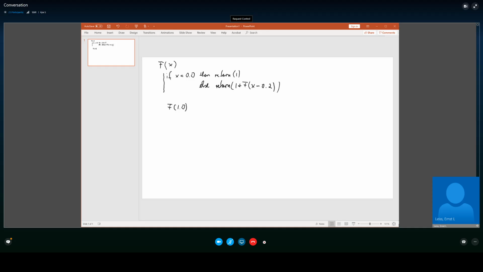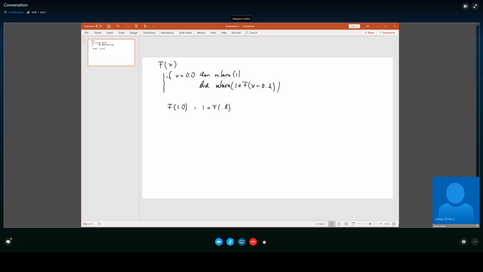And if we have a function called f of 1, then that obviously is going to go into the else branch. So we call f of 1, which is 1 plus f of 0.8.